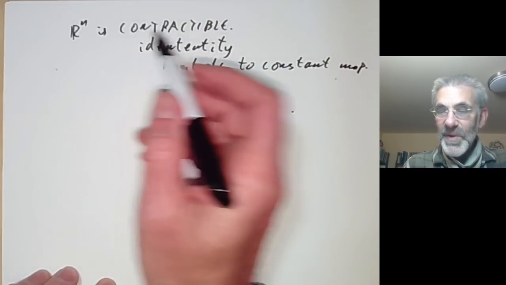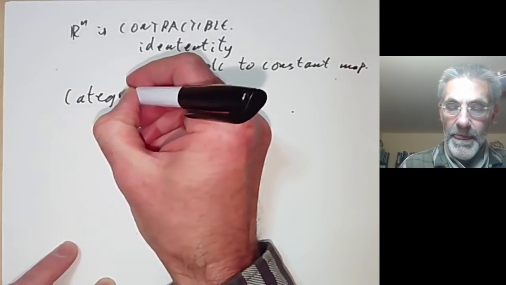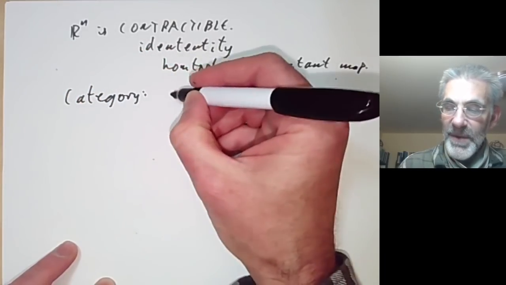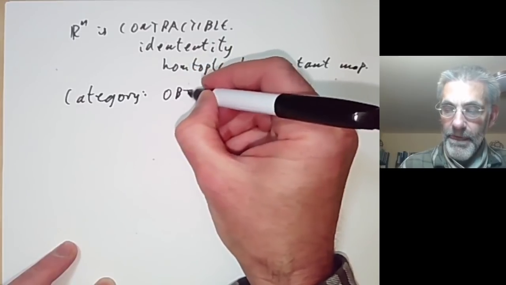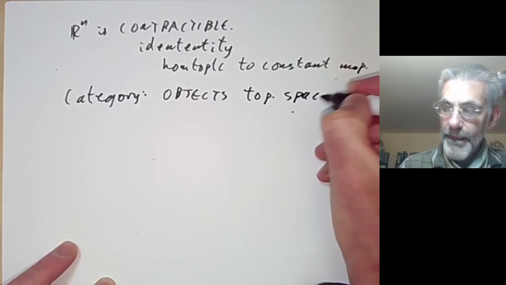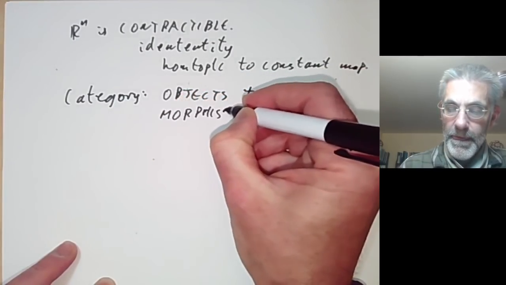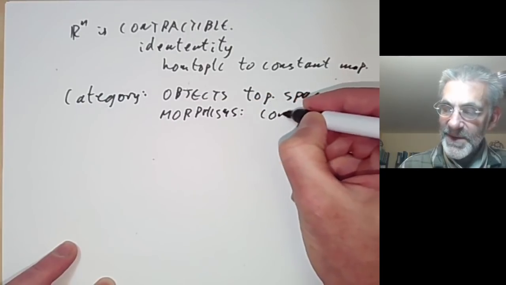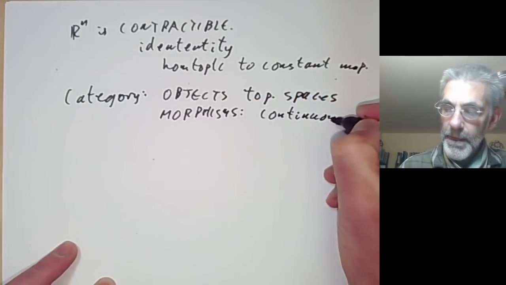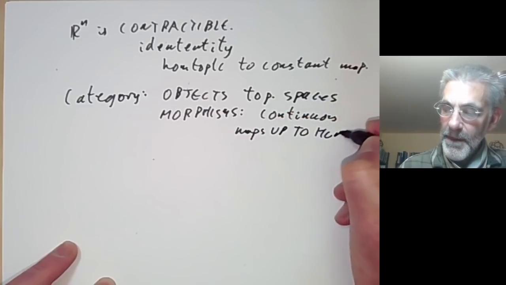There's actually an interpretation of this in terms of category theory. If you take a category whose objects are topological spaces and whose morphisms are continuous maps up to homotopy.